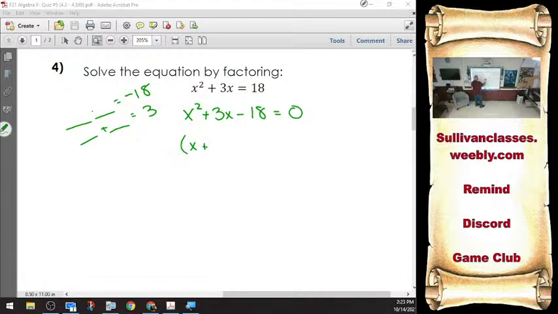So I say x plus 6, x minus 3. I move on to the next question, and I get 1 wrong. Womp womp. Solve. Set both of them equal to 0, and get x is negative 6 and positive 3.